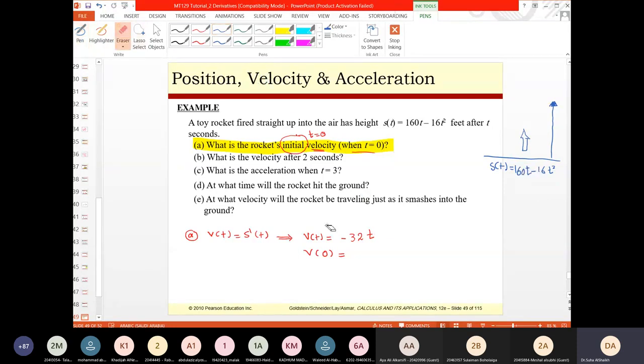So the derivative is 160 minus 32t. That's right. So my v is the derivative of this one, which is 160 minus 32t. At 0, meaning I replace t with 0, it's equal to exactly 160.